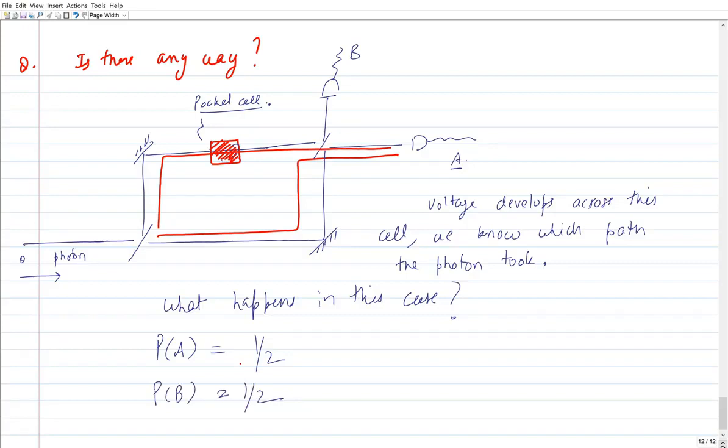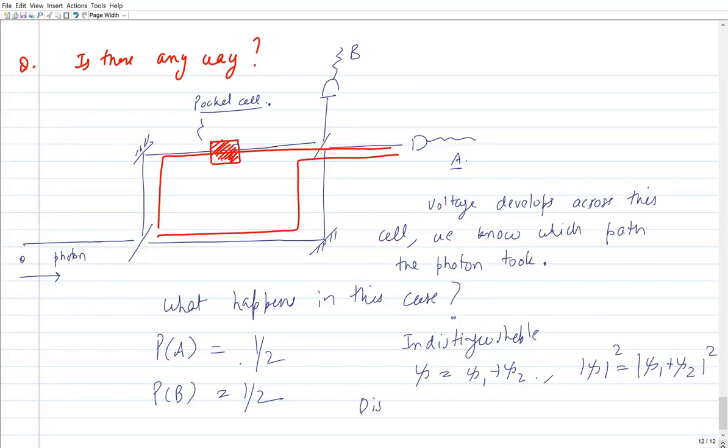Remember, when my paths were indistinguishable, I was adding the probability amplitudes, and the final probability given was this guy. When I make my paths distinguishable, I just add the probabilities, which I already calculated to be half.